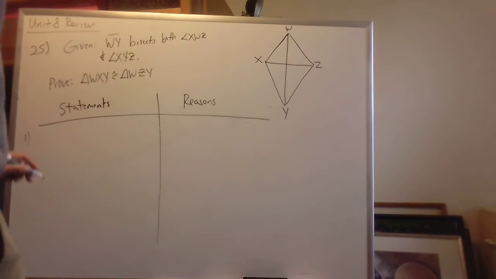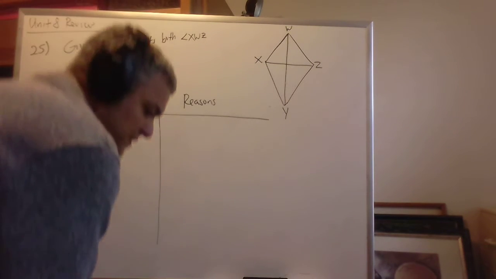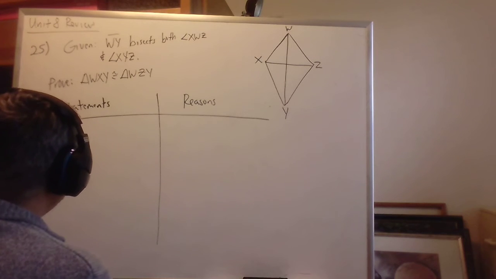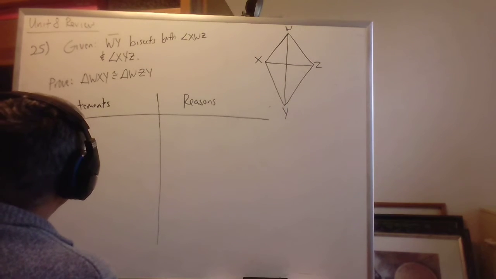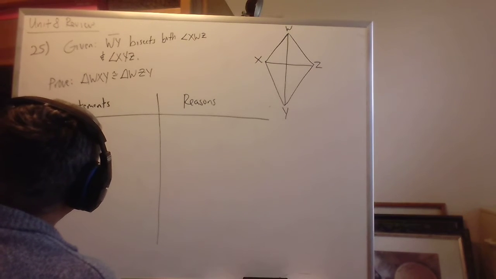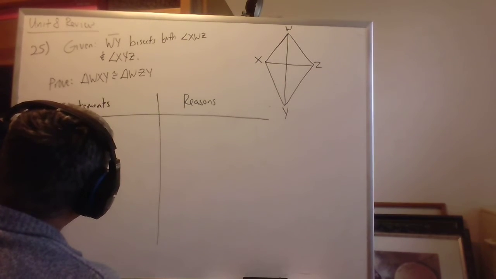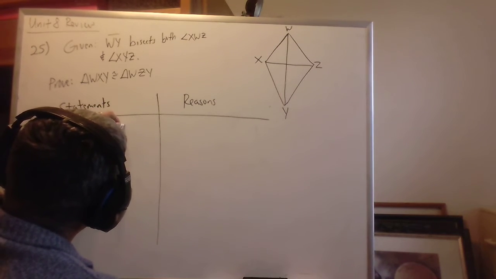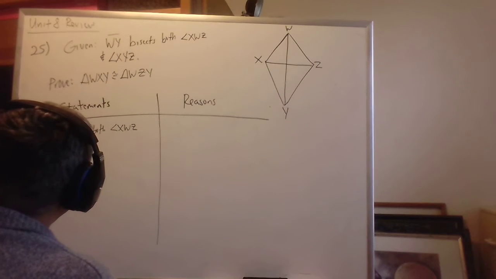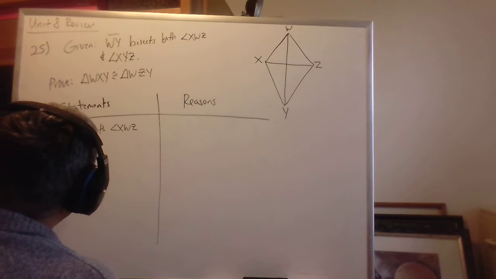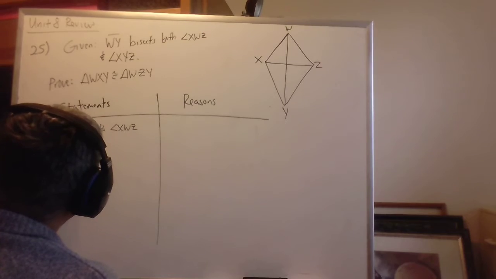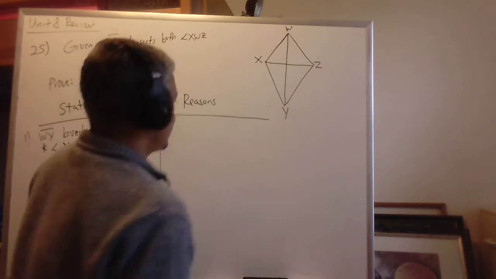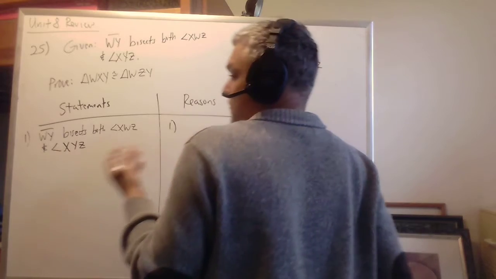So as I've told you many times in our class, and also just in the last video when we did a 2-column proof on the triangles, we always write down what's given. So we're going to put segment WY bisects both angle XWZ and angle XYZ.